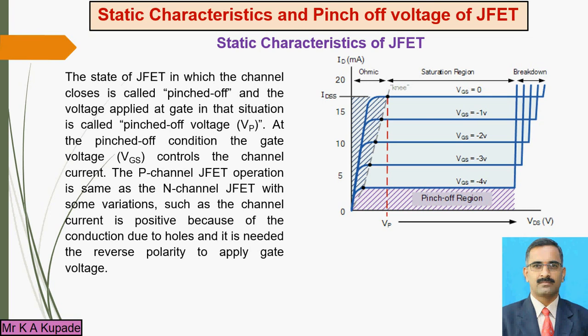Now we are discussing the static characteristics of a JFET. I just discussed how the depletion region increases. Now, if you increase VGS, the gate to source voltage, step by step, initially 0, then minus 1, then minus 2, then minus 3, then minus 4, you are increasing the reverse bias condition.